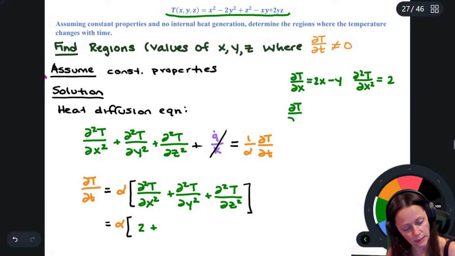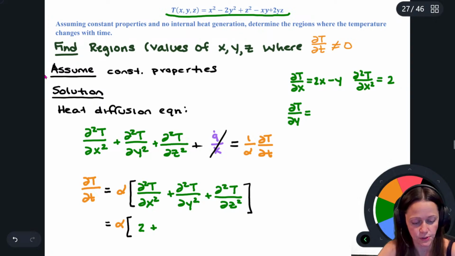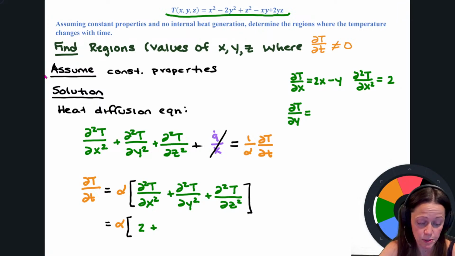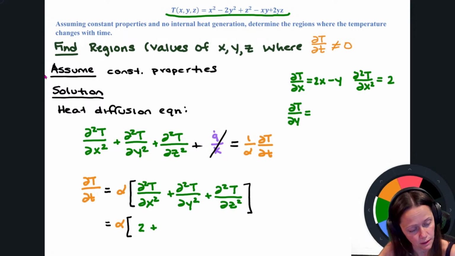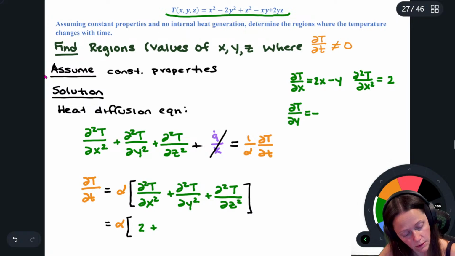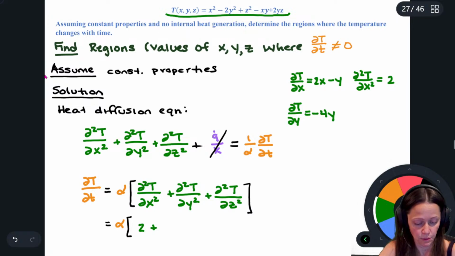Now dT/dy. The derivative of x squared with respect to y is 0. The next one is negative 4y. The derivative of z squared with respect to y is 0.